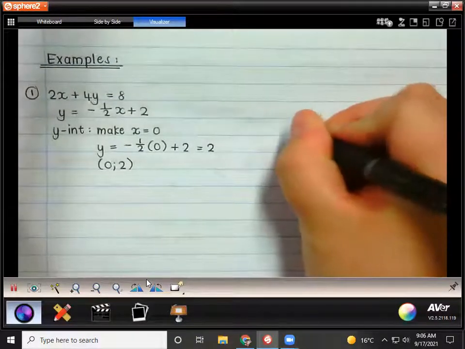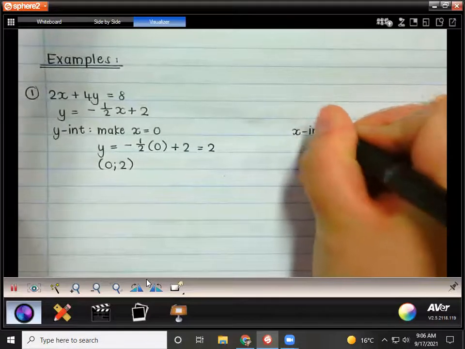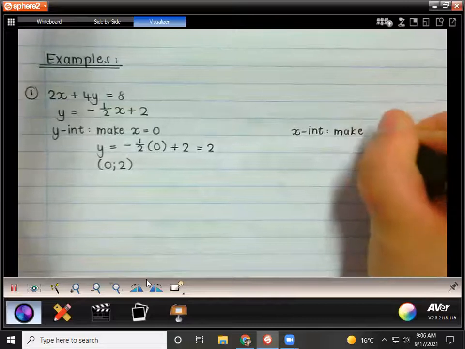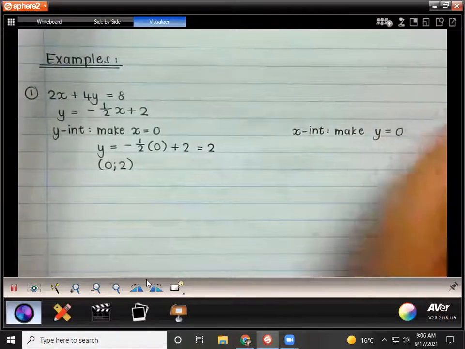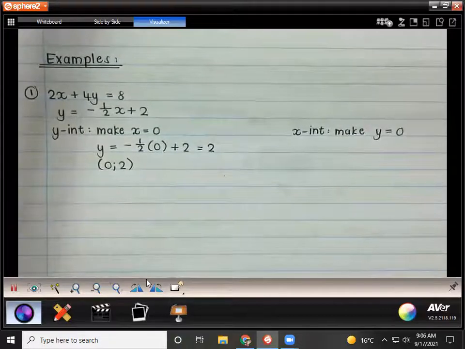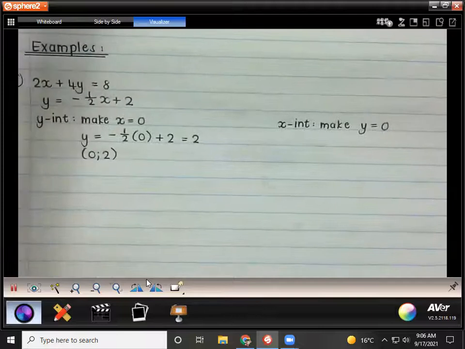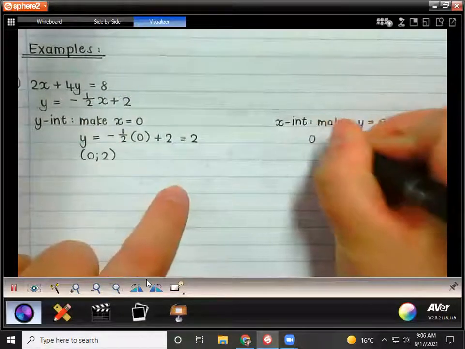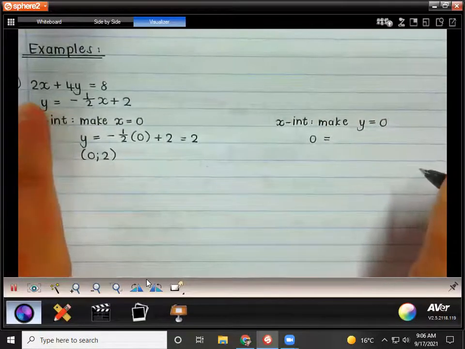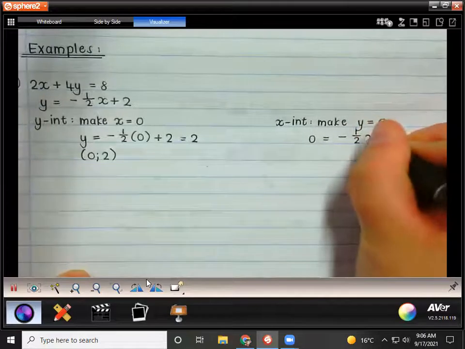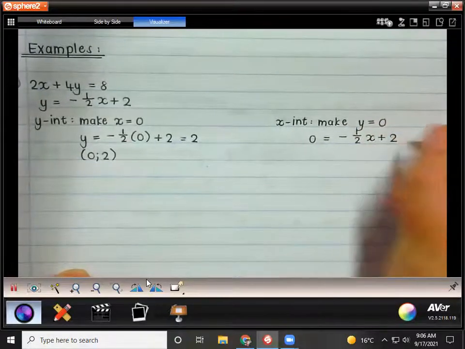Okay, now we're going to find the x-intercept. And to find that, we have to make y equal to 0. The other one. Right, if we're finding the x-intercept, we make the other letter, the y, equal to 0. In our equation, so we're going to say 0, because it was y equals, and I can say 0 equals negative a half x plus 2.